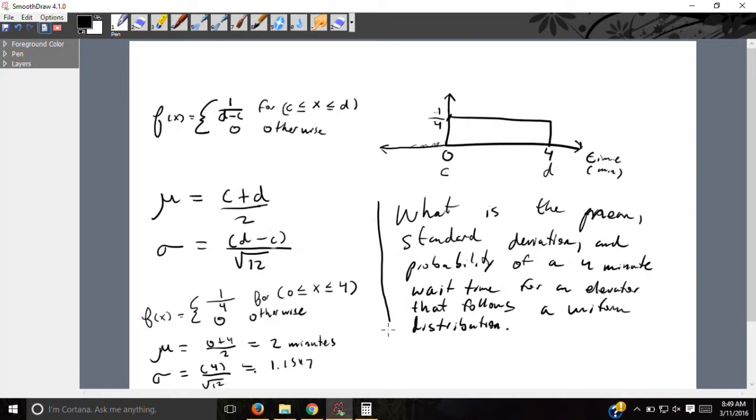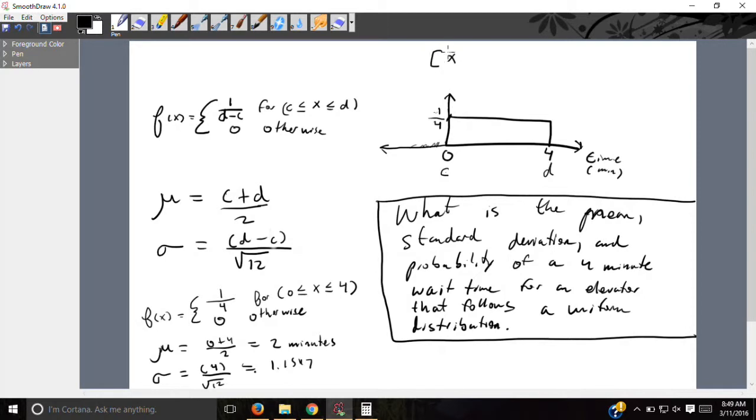Alright, so why did we figure all of this out? Well, it's because in a uniform distribution, we can also figure out the probability of landing within this rectangle. So how do I do that? Recall back in chapters 1, 2, and 3, we were given x bar plus or minus ks, which is the interval in which this lies. Because that is sample notation, let's use population notation, which is mu plus or minus k sigma.